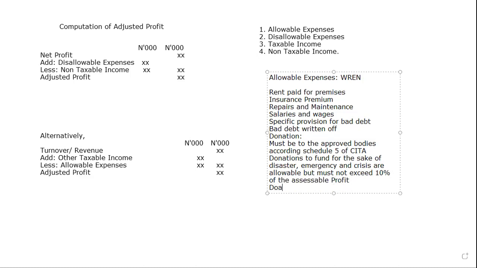The third one, donations of capital projects to approved educational institutions, tertiary in this case, is allowable but must not exceed 15% of the assessable profit.